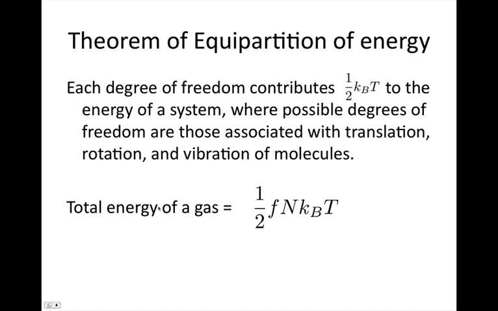So the total energy of a gas, that's the total amount of energy that any gas can store, is given by 1/2 F n kB T. We saw that F for a monatomic gas was equal to 3, as it only had the translational degrees of freedom corresponding to the x, y, and z direction. For a diatomic molecule, it had an additional 2 rotational degrees of freedom and 2 vibrational degrees of freedom, so 7 in total, though it can only reach 7 at high enough temperatures.